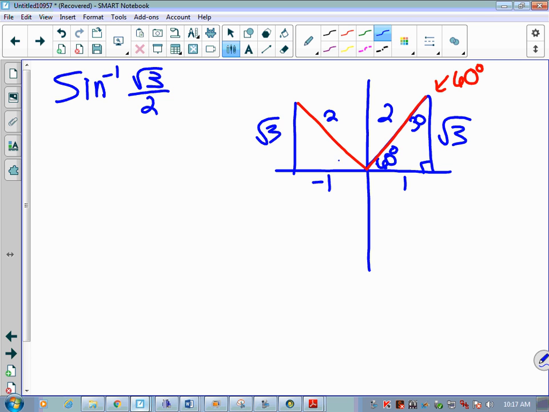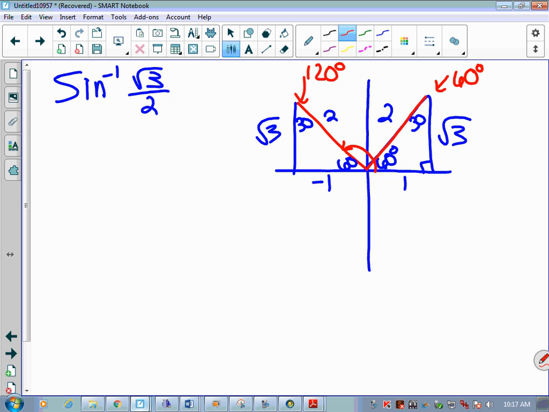This is still 60, this is still 30, but what we're concerned with is at what angle does that show up? Well, because it's starting from here and going to there and stops 60 degrees shy of 180, it is at 120 degrees.